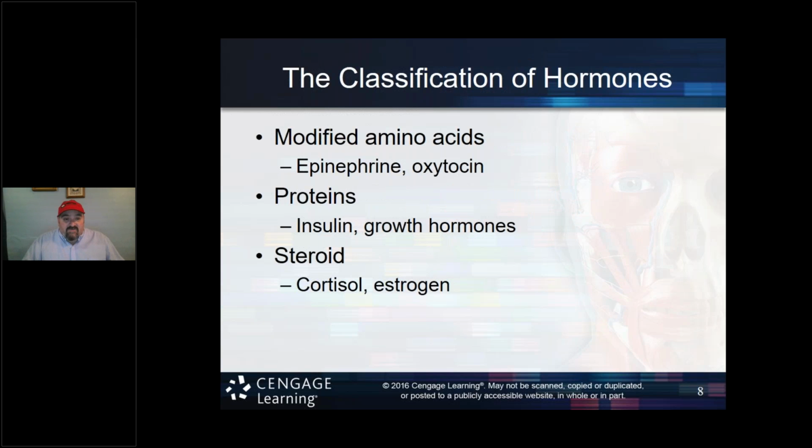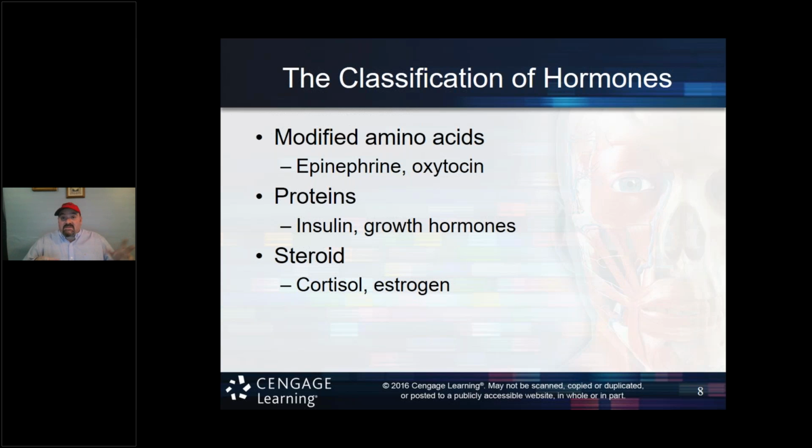You'll see here that we have these modified amino acids, proteins, and steroids, so think cholesterol and such, lipids are involved in this, and cholesterol in creating these steroids, and estrogen is one of them. Know that these have different mechanisms of creating some type of change and reaching the specific receptors needed for these hormones, these chemicals, in order to create some type of action.